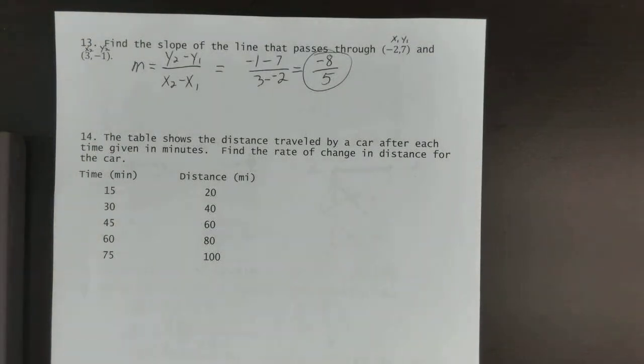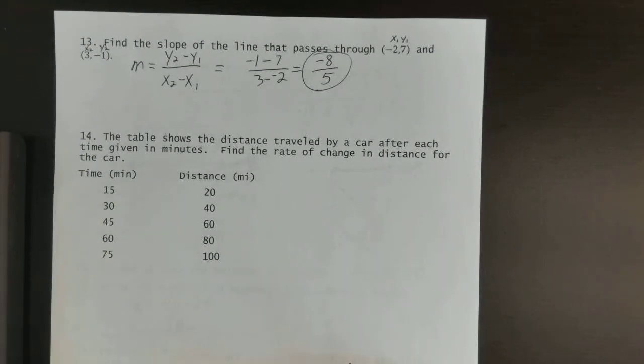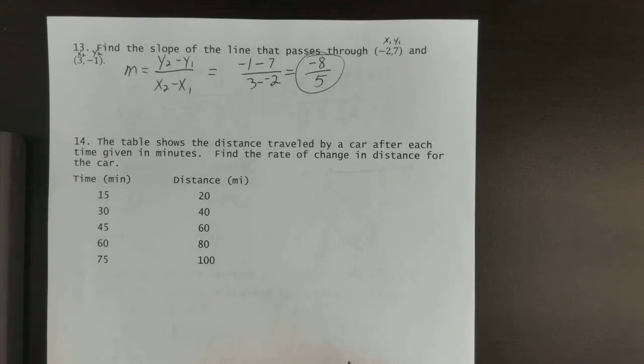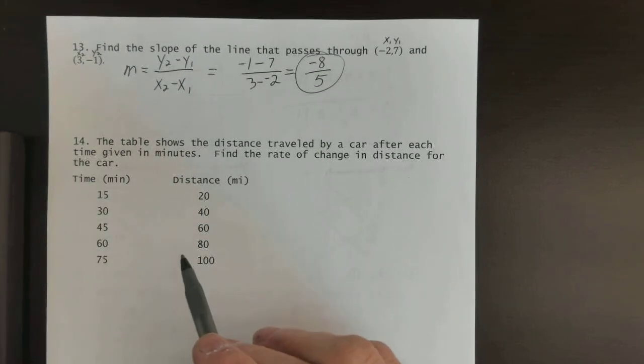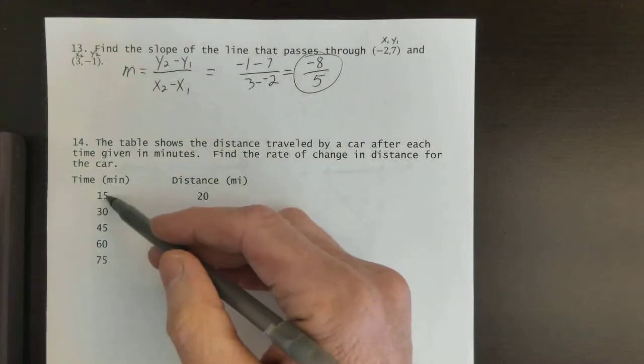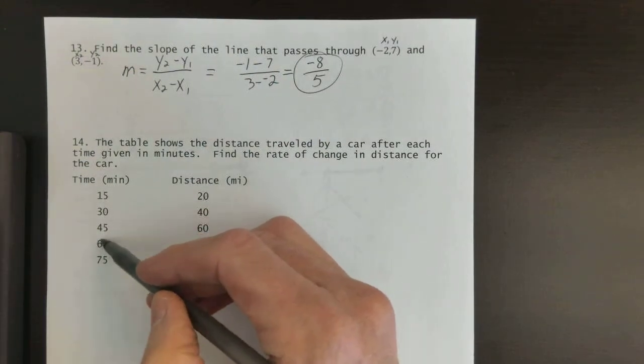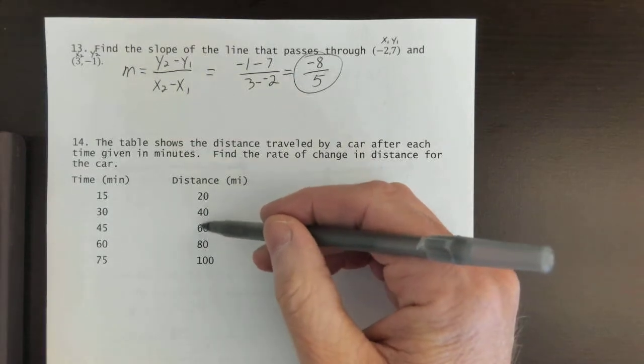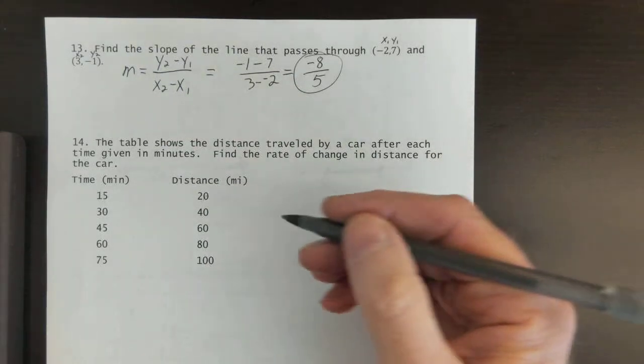Find the rate of change in distance of the car. The rate of change is constant. If you'll notice, the minutes are going up by 15 each time. The distance is going up by 20 each time.